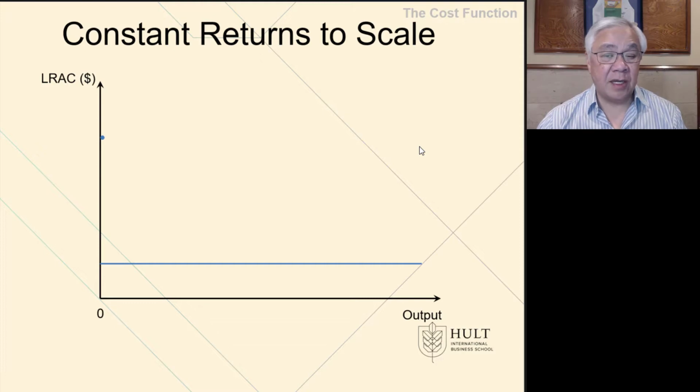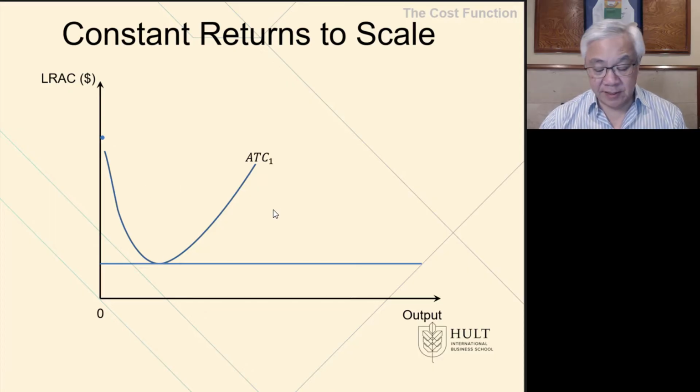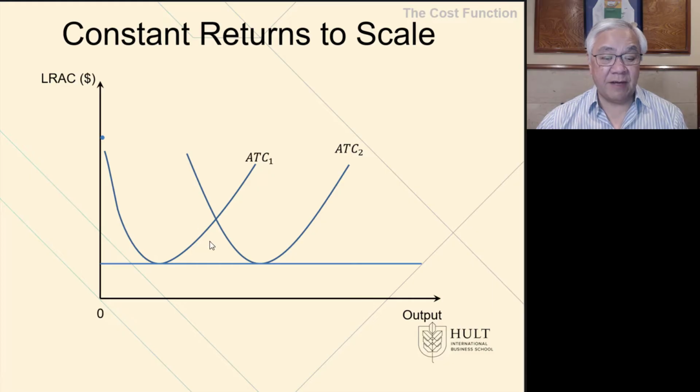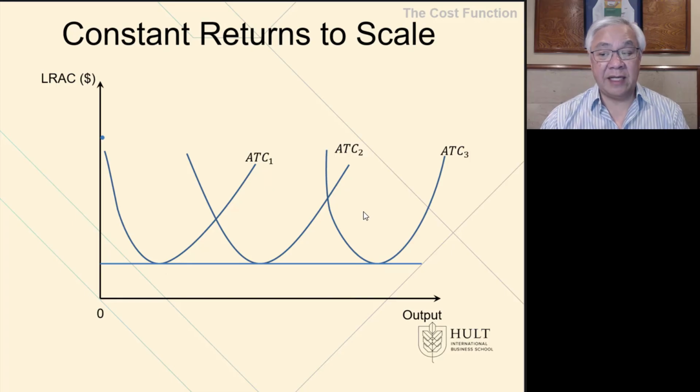This is a condition where we have ATC 1, where we bottom out right at this level, and we're able to maintain it even though our volume increases by finding new innovations to drive down our costs once again so that we can maintain this more steady constant return to scale when we go to ATC 1, ATC 2, and ATC 3. So that would look like a constant return to scale.